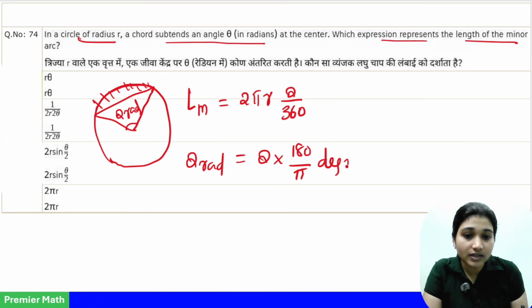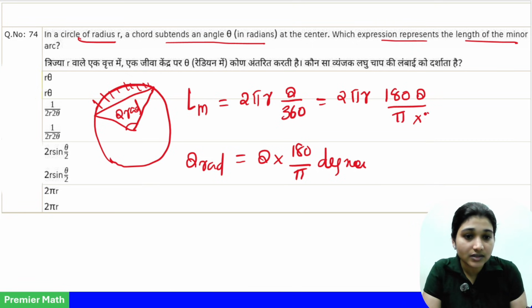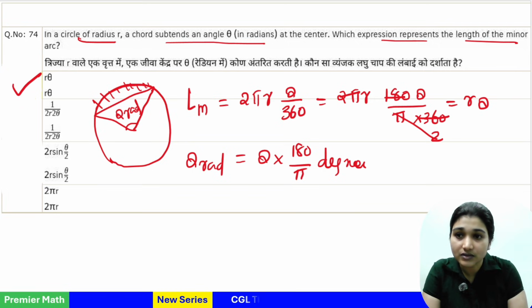Now when you substitute, 2 pi r into 180 theta by pi, and here we have 360. So 180 goes 2 times in 360, and 2 pi and 2 pi cancel, remaining is equal to r theta. Option 1 is your answer.